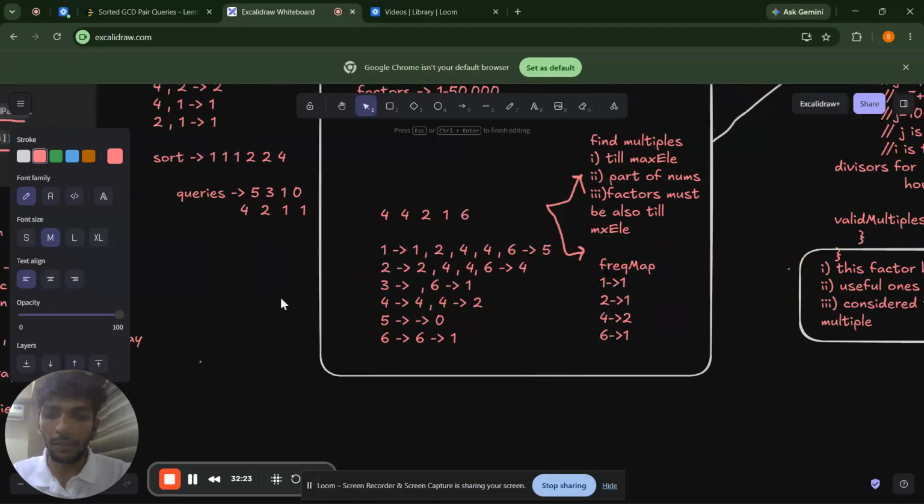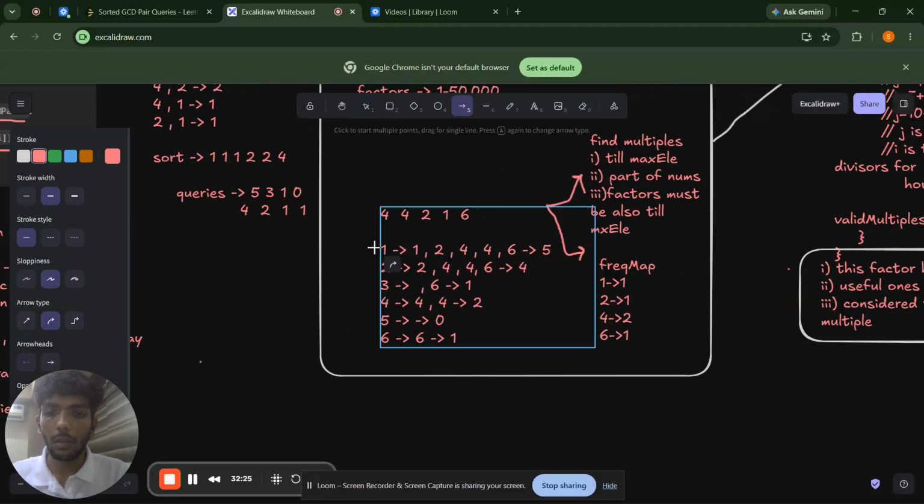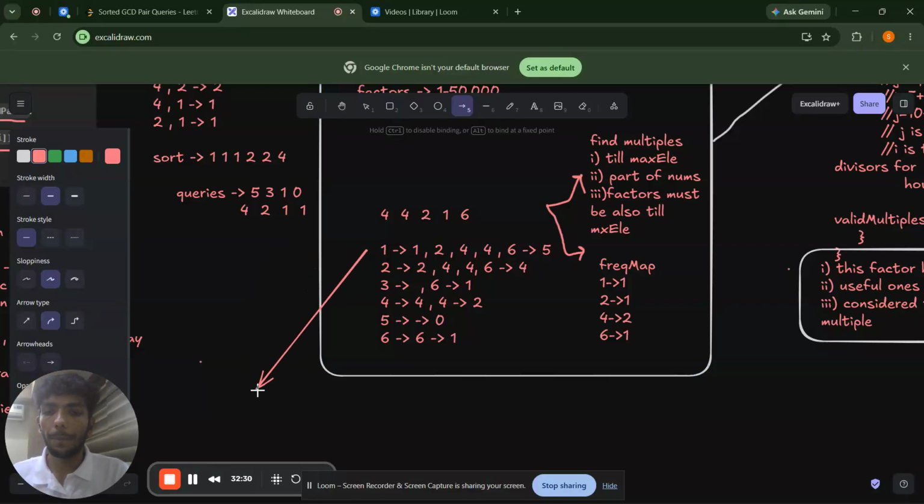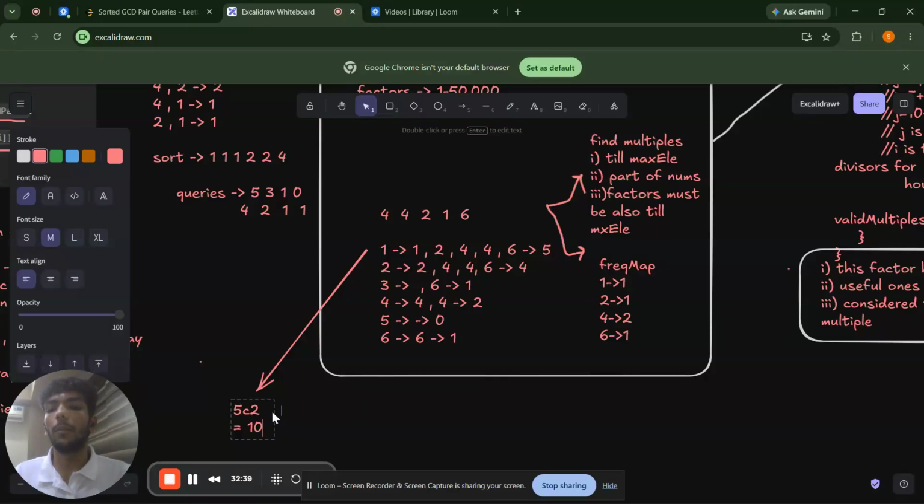for this one, we can form 5C2, which is 5 into 4 by 2, 10 pairs.